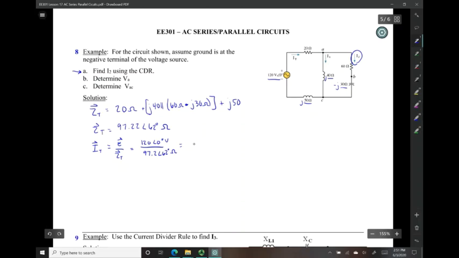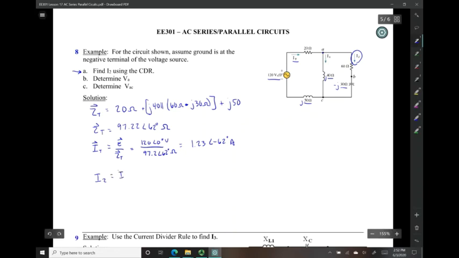And my resultant current is 1.23 amps, minus 62 degrees. Alright, so that's the value entering node A, which is then split between I1 and I2, which sets us up for our current divider.